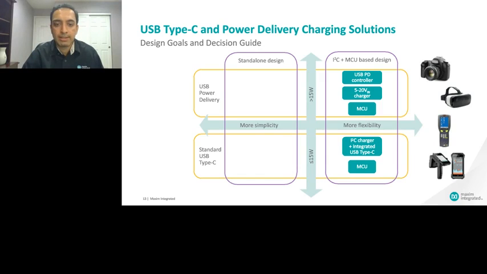But as the standard becomes more and more popular, there is a need to go to more hands-off, standalone operation, where your charging device and the USB detection are completely independent from the rest of your system.